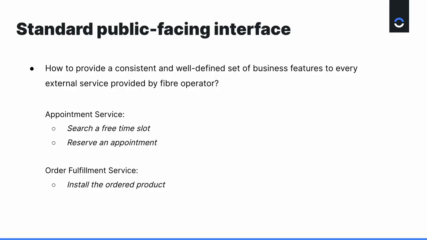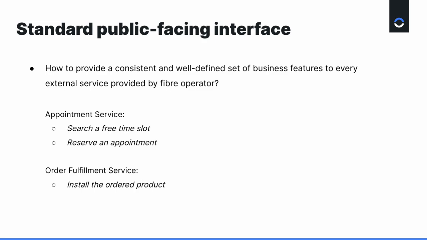So first of all, we know that our core services like appointment service and order fulfillment will have a set of generic functions. So we know that every external fiber operator will have to use those functions. For example, we know that the appointment service will have functions like search a free time slot or reserve an appointment.